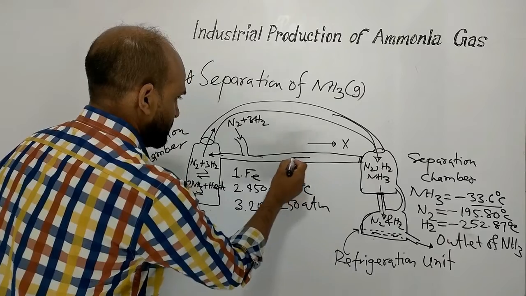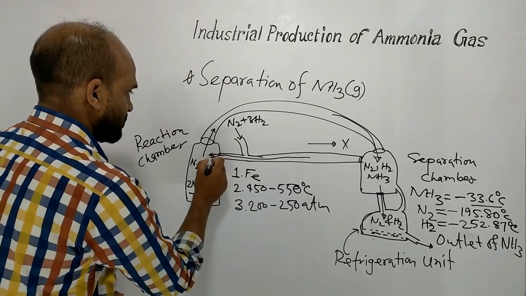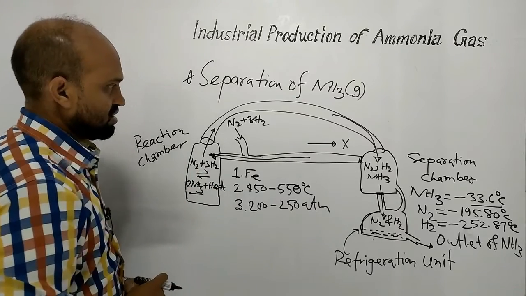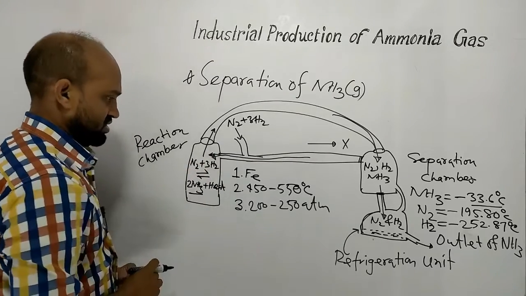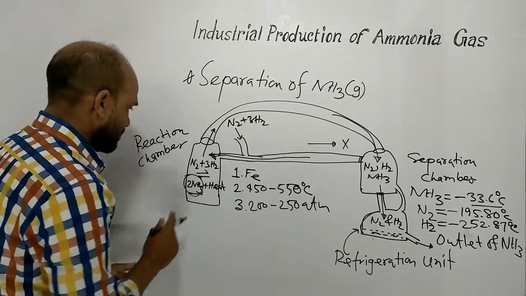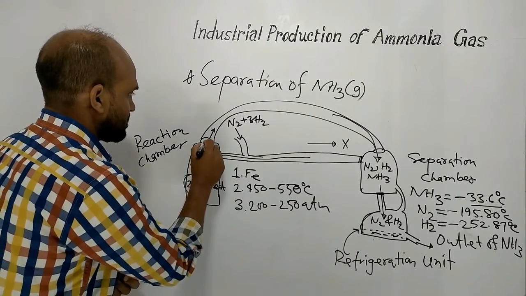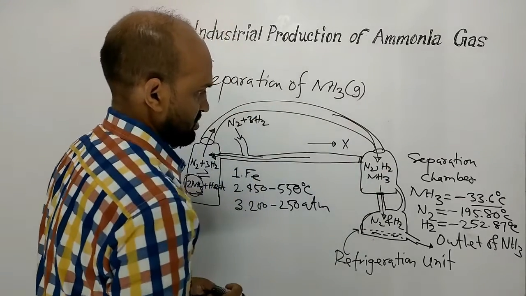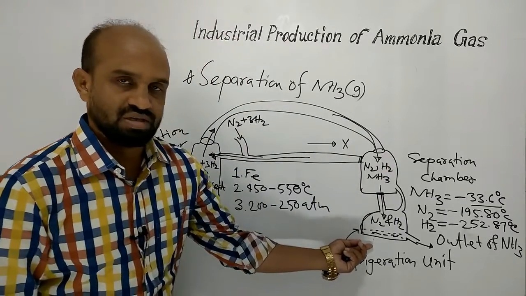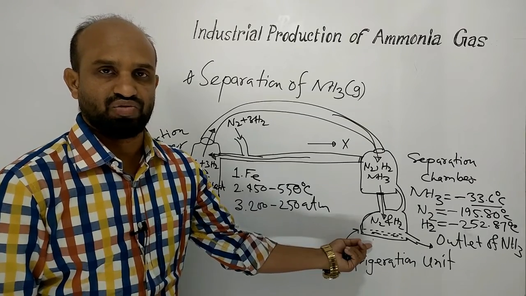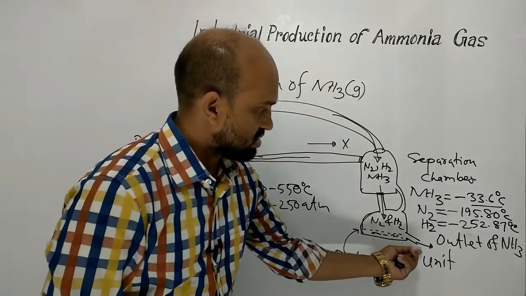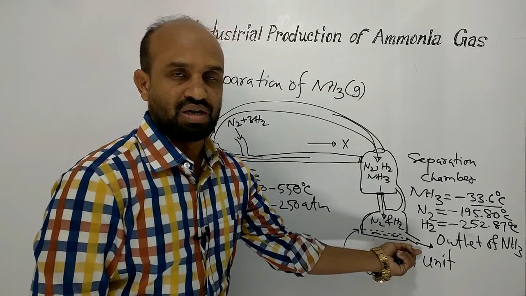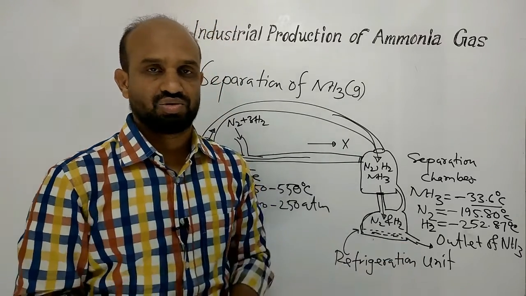Now through this valve, this mixture of nitrogen and hydrogen is taken here. Again this reaction happens. Ammonia is produced. This mixture of gases is taken to the separation chamber again, and ultimately ammonia gas is liquefied, which is taken through this outlet, and the ammonia collected is stored.